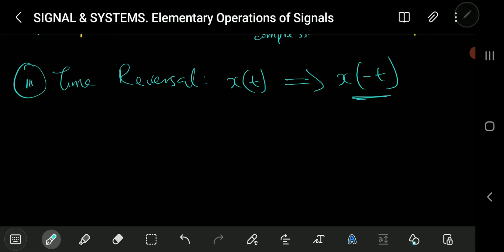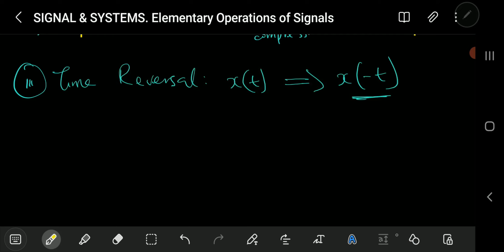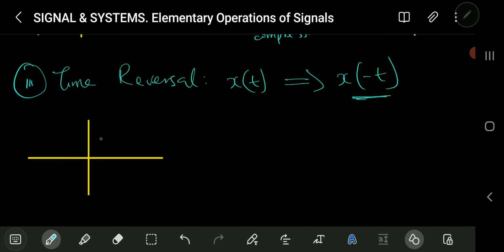So let's say we have a signal. Let me draw a signal. Let's take this to be a signal, let's call this s of t.